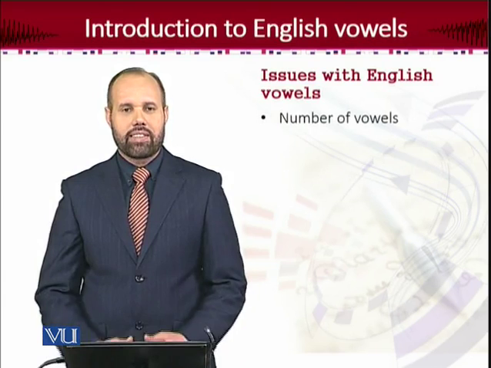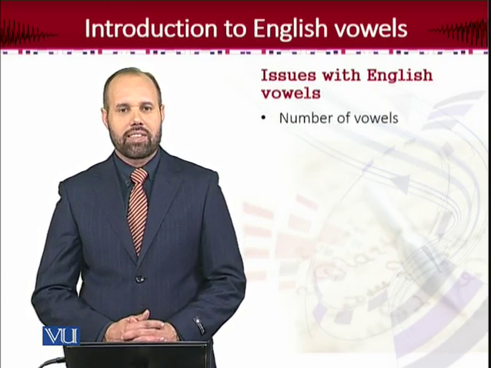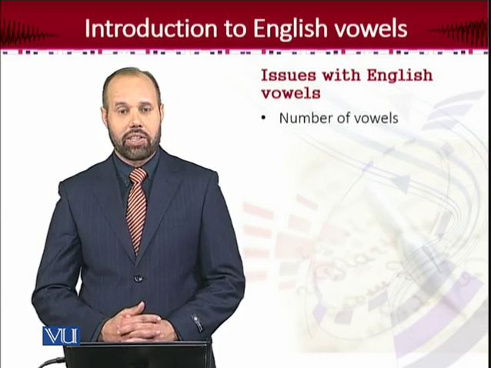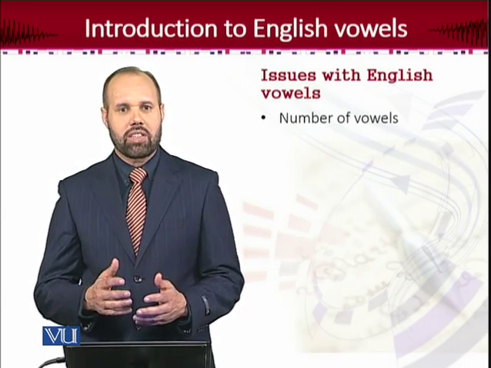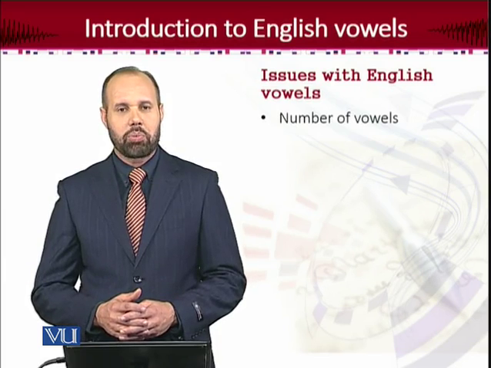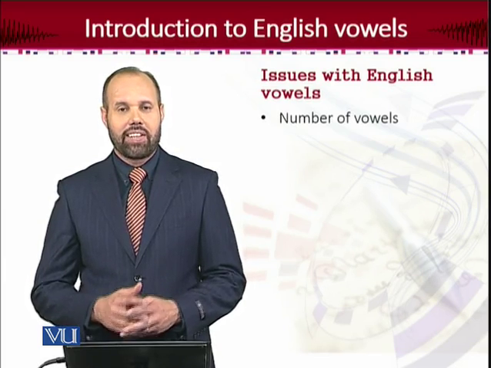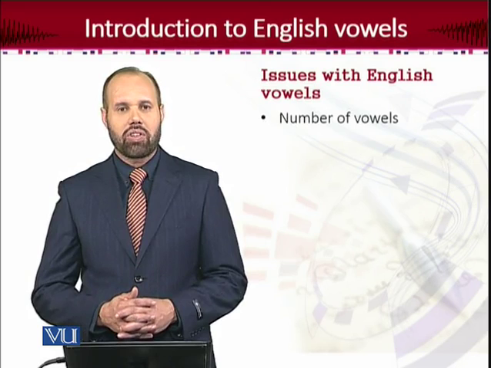The first issue is about the number of vowels. Like we can raise this question: how many phonemic vowels are there in English? About RP, yes, we can claim that there are 20. But what percent of English speakers are speaking the RP accent? Then there are more questions, like how about the number of vowels in American English?